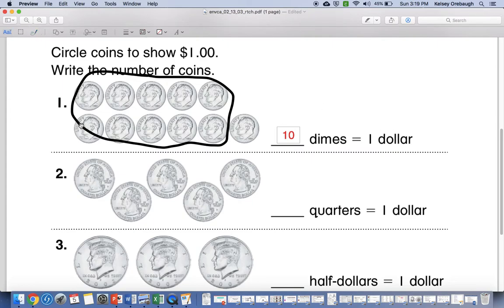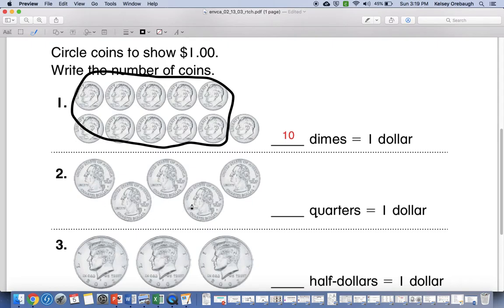Next we have quarters. How much are quarters worth? 25 cents. And when we started this topic, the very first lesson, we practiced our quarter chant to get to $1. And it goes 25, 50, 75, 100.